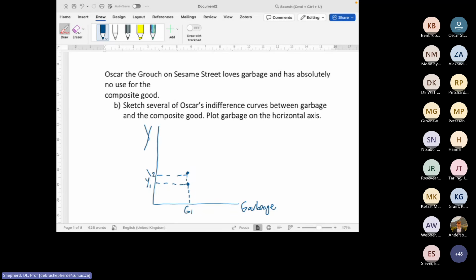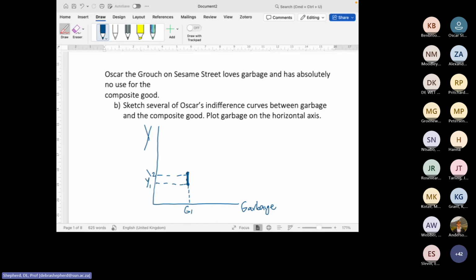Well, because Y has absolutely no value for him, he sees no use for it, his utility would be exactly the same. So these 2 points would be on the same indifference curve. They would represent the same level of overall utility for Oscar.